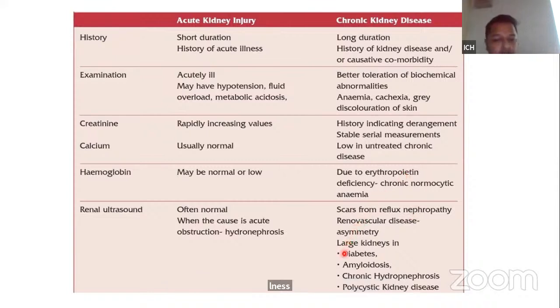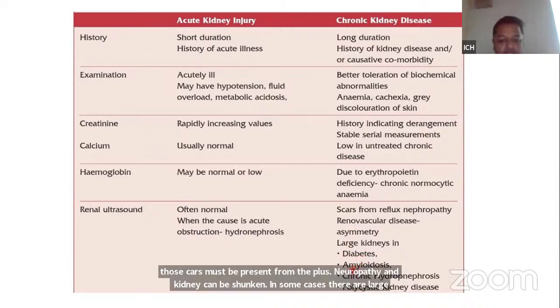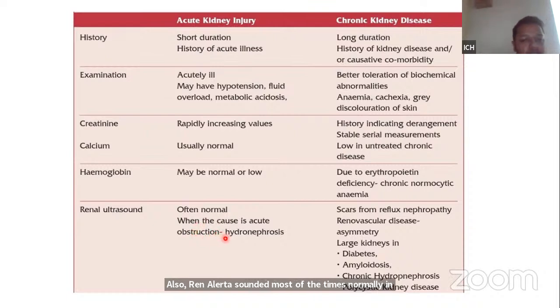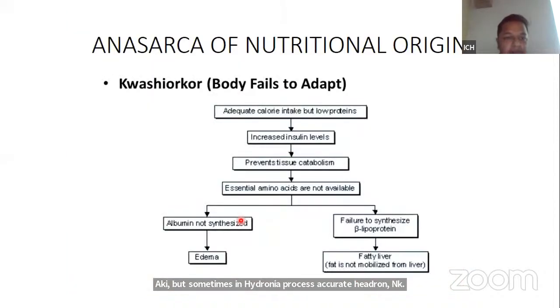In some cases, there are large kidneys, exceptions like diabetes, amyloidosis, polycystic kidney disease, and chronic hydronephrosis. Sometimes in acute hydronephrosis, the kidney is enlarged on ultrasound.